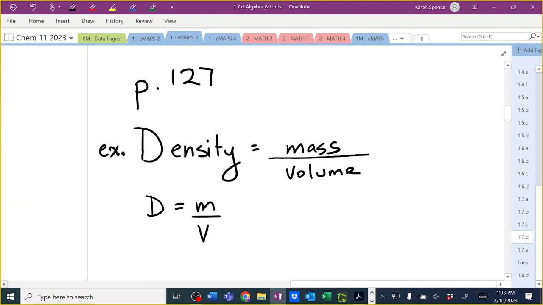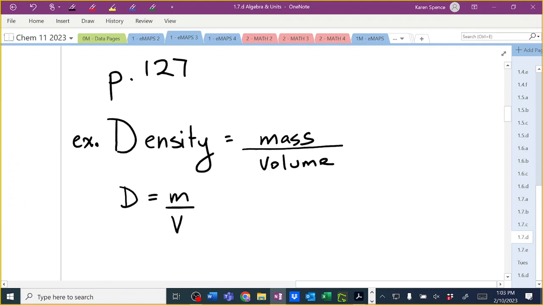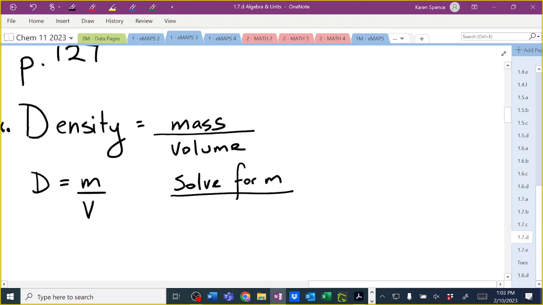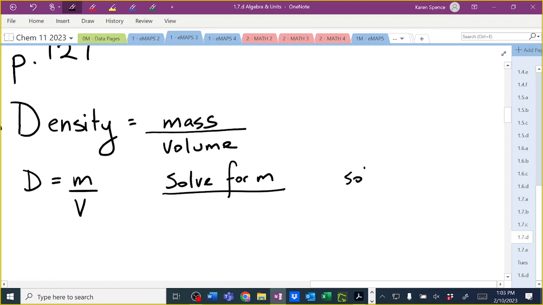Okay. We are now going to take this equation and just by way of a very quick review, we are going to solve for m. Okay, so you're going to solve for m and you are going to solve for v.